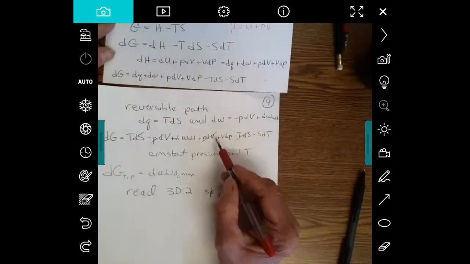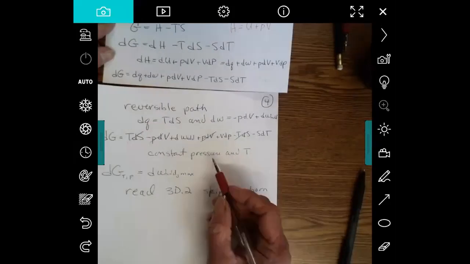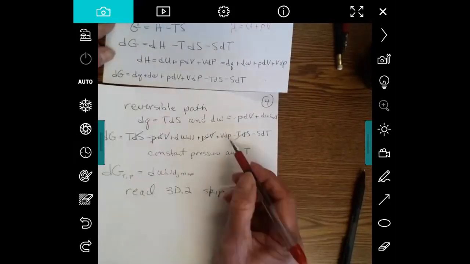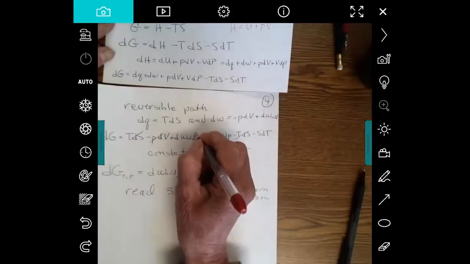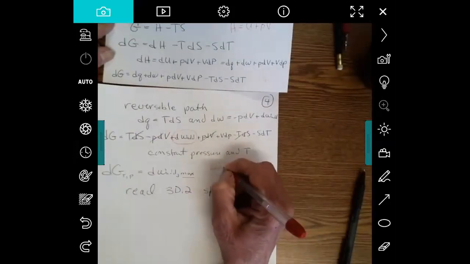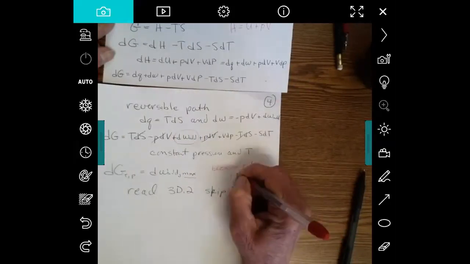TdS, TdS, PdV, PdV, those cancel. And then if I set the restriction of constant pressure and temperature, this term cancels and this term cancels. And all we're left with is this term, and it's maximum once again, because we picked a reversible process.